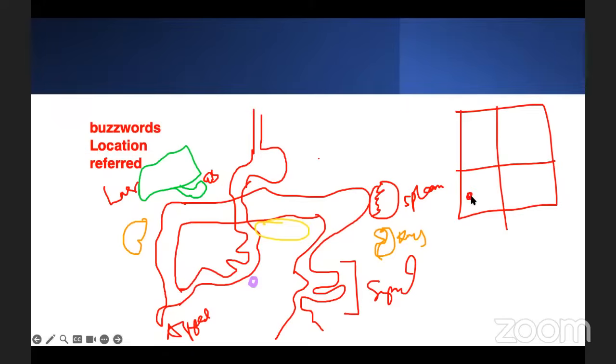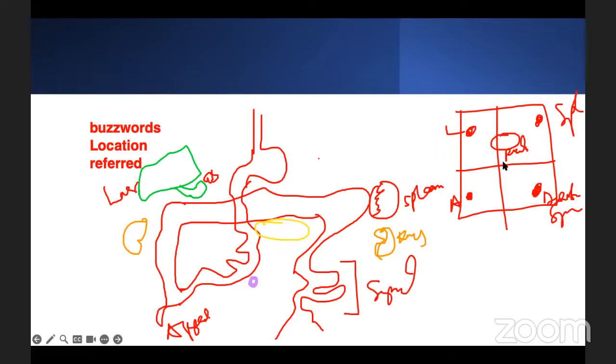And you put the appendix here, the sigmoid here, the spleen here, the liver here. The diverticulum in the sigmoid, the spleen here, and you can put the pancreas right here like that.